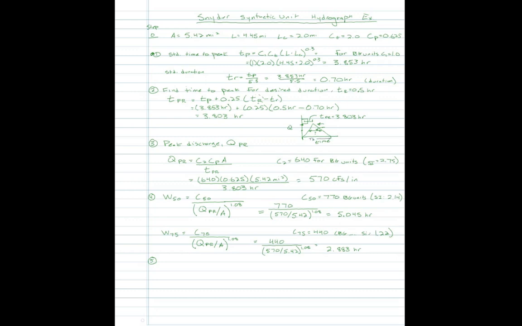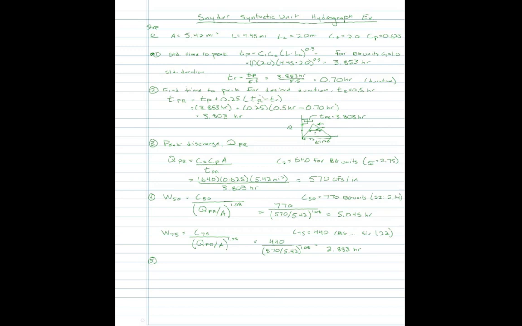Okay, in the fifth step, we now get to calculate the width of the hydrograph, this T sub B. So, how long does the unit hydrograph last? And the formula for that I'm going to write in just a moment, but before I do, what I want to show you is where one of these coefficients is derived.